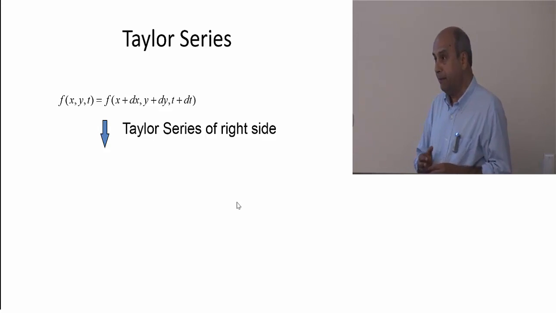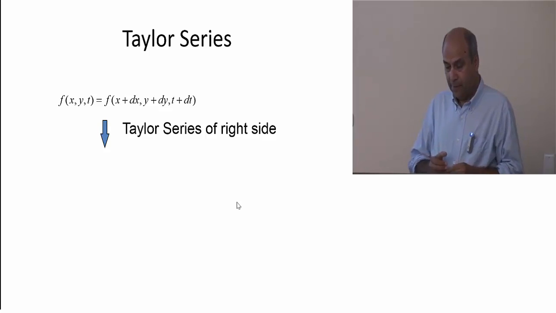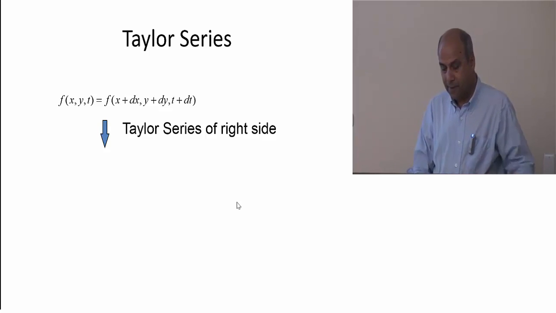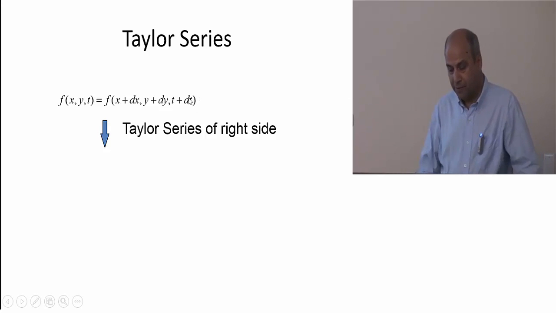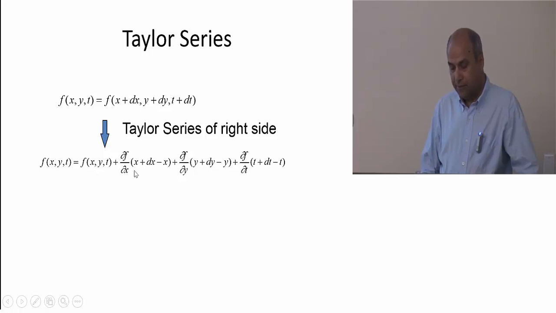Now this is a function of 3 dimensions, x, y, t. Again we want to express this at x, y, t. The value of this function at x, y, t, then the first derivative with respect to x, the first derivative with respect to y, the first derivative with respect to t, and each is multiplied by x plus dx minus x, y plus dy minus y, and so on. As you see, they will simplify.